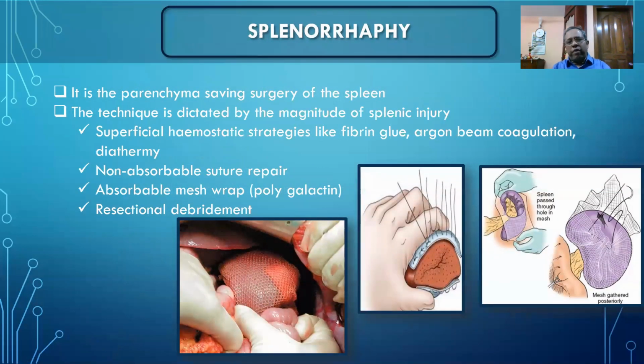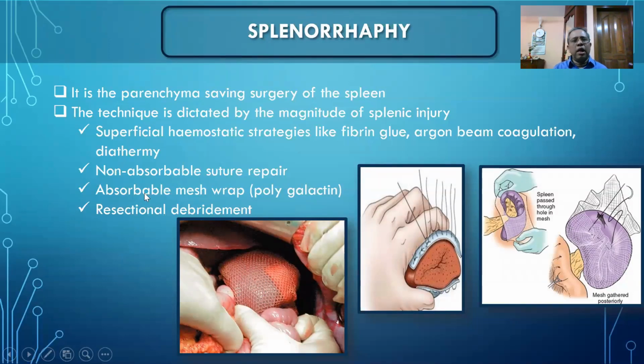What about splenorrhaphy? It is the parenchymal-saving surgery of the spleen. The technique is dictated by the magnitude of the splenic injury. Superficial hemostatic strategies include fibrin glue, argon beam coagulation, and diathermy. If there is only a small capsular injury, you can apply these and observe whether the hemorrhage is arrested. If not, go for non-absorbable suture repair, with a mattress suture.